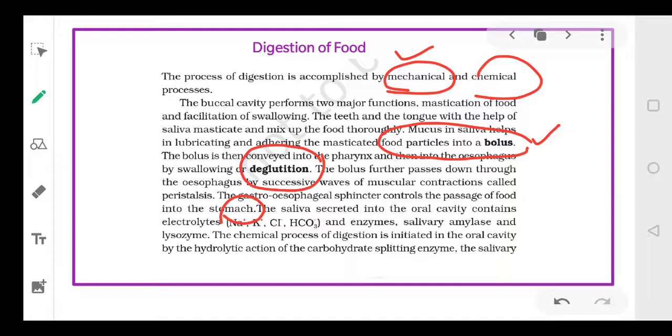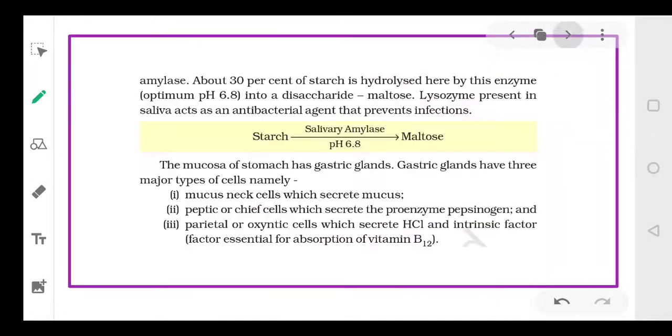In your mouth, saliva is also present, and this saliva contains an enzyme called salivary amylase, and it also contains lysozymes. Salivary amylase will start digesting the carbohydrates and convert them into sugar. Lysozymes will kill the bacteria present in the food. In your mouth, approximately 30% of the carbohydrates will be digested.